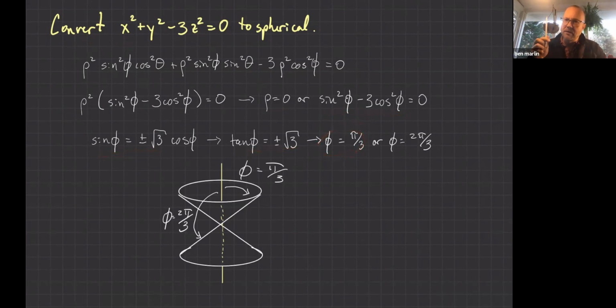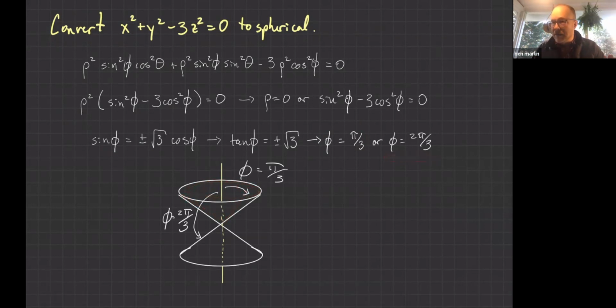So if you think about going from the North Pole and down with an angle of 60 degrees, what you've got there, because theta is not specified, is going to be one of these cones here.